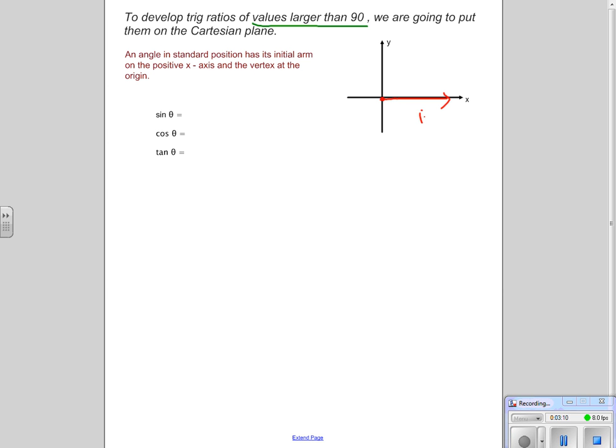That is our initial arm. And we are going to rotate that initial arm. We're going to start with a 30 degree rotation. And so our terminal arm happens after we rotate counterclockwise and stop there.